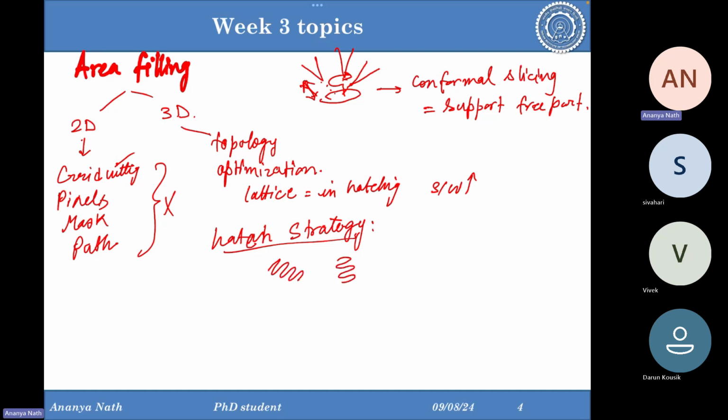And what is this thing like a snake? It's basically the nozzle moving and depositing material. So the nozzle will move like this, then this, then this. This is what I mean. The material can get deposited in a particular angle, or it can just deposit like this.